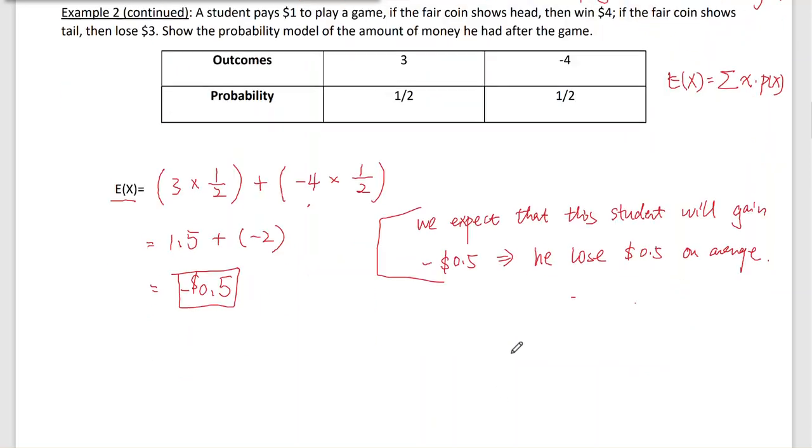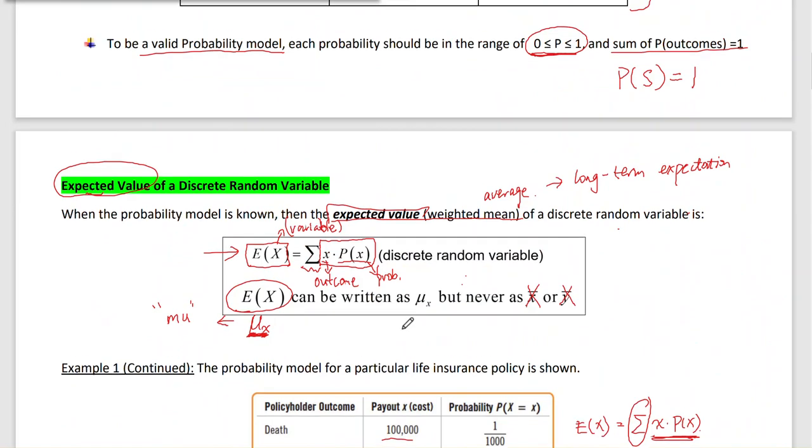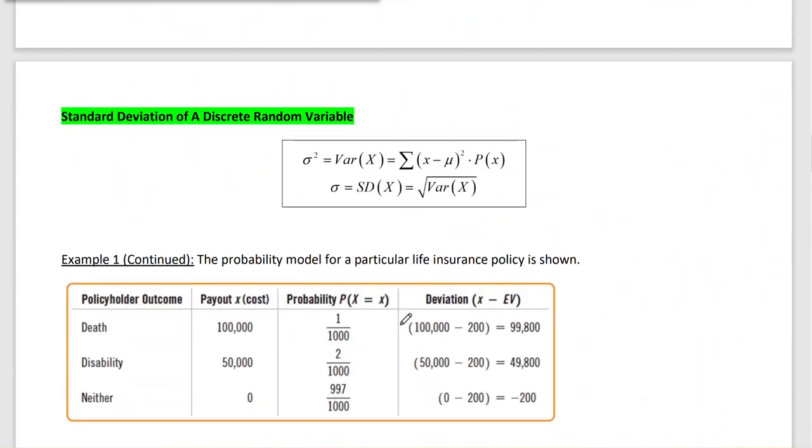Okay. So now we talked about the mean of this variable. Next topic, we'll talk about the standard deviation of this variable. The standard deviation equals the square root of the variance, if you still remember.